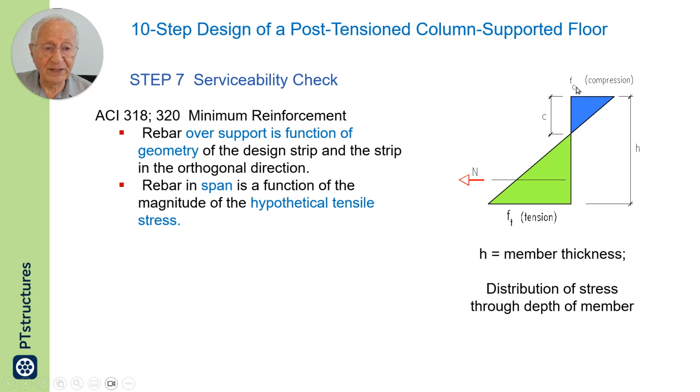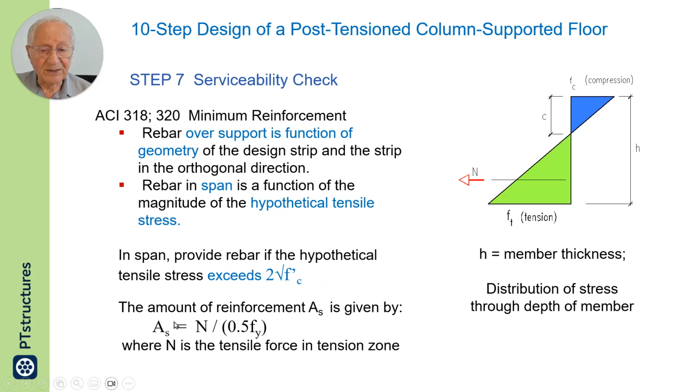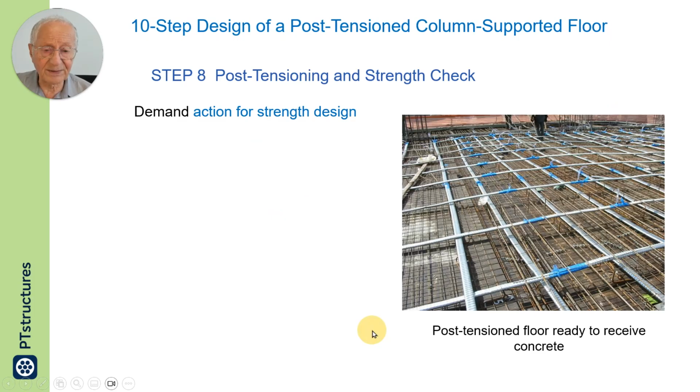This is the top through the depth of the slab. Top of the slab, bottom of the slab, tension at the bottom of the slab. If this tension at the bottom of the slab exceeds this value, then you have to calculate the force that the tensile region of the slab provides, this force, and provide rebar. The amount of rebar depends on the force resisted by rebar using half its yield stress.